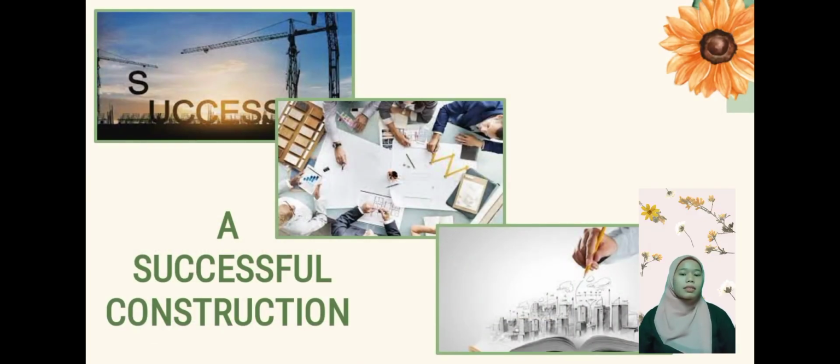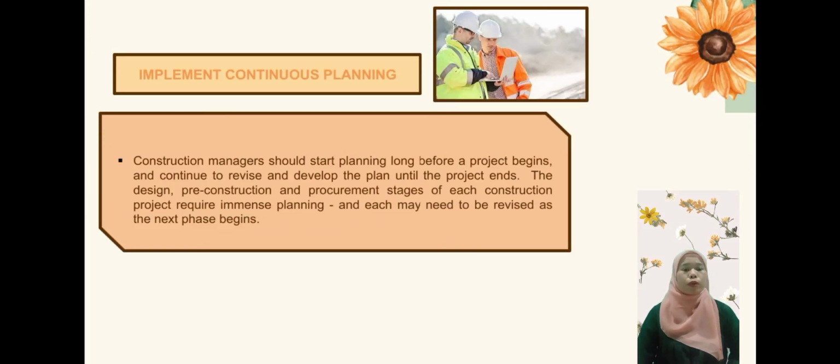And the last process is a successful construction. Number 1 is implement continuous planning. The construction manager should start planning long before a project begins, and continue to revise and develop the plan until the project ends.